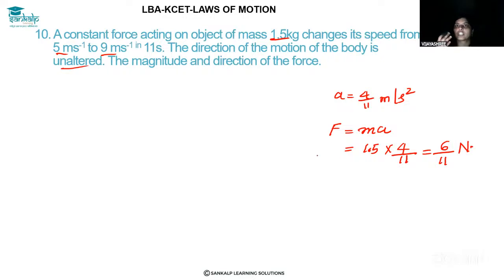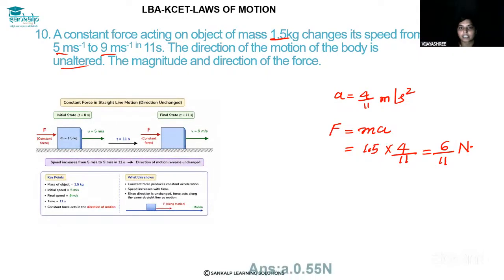Both acceleration and force are in the direction of motion. Okay. So force acts in the direction of motion. So the right answer here is 0.55 Newton.